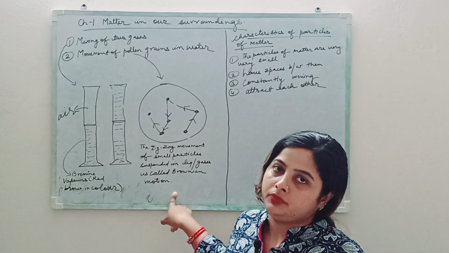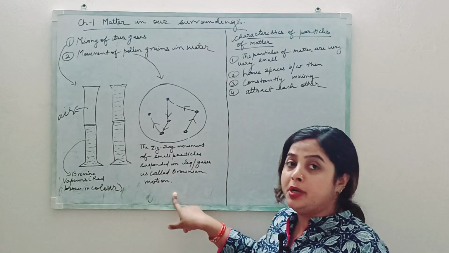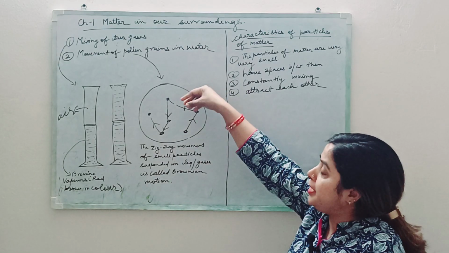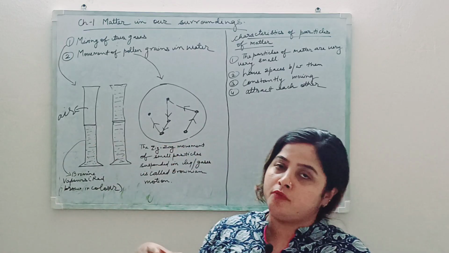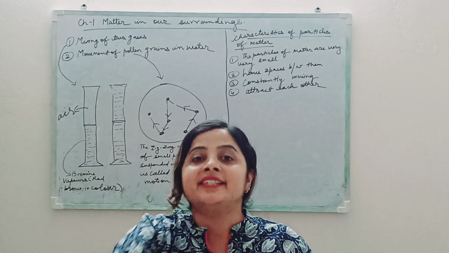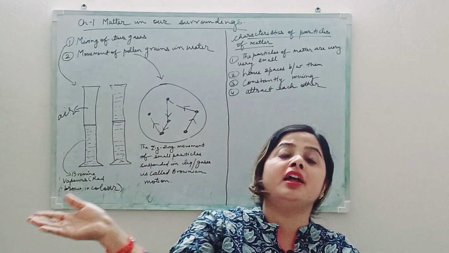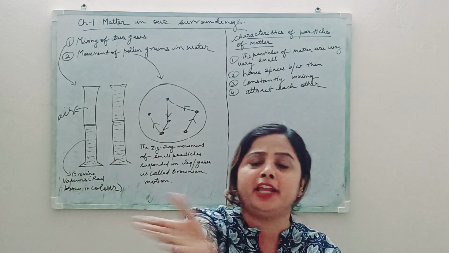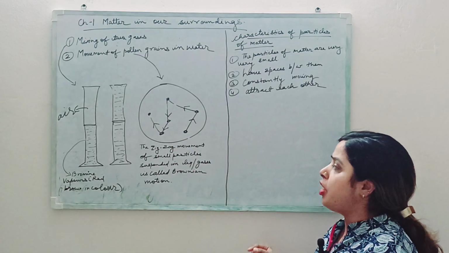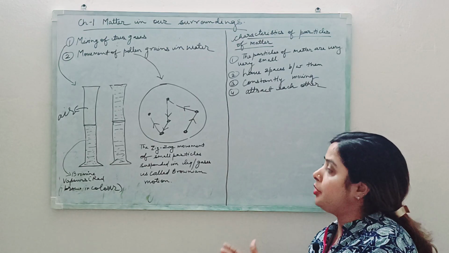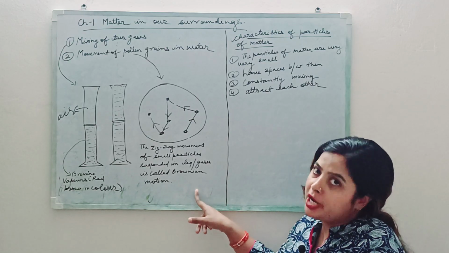What is Brownian motion? I hope it is clear to you. When the pollen grains are suspended on the surface of the water, they move in the zigzag direction. Zigzag matlab in a haphazard direction, left, right, here, there, like that. So this zigzag movement of small particles suspended in liquid and gases is called Brownian motion.